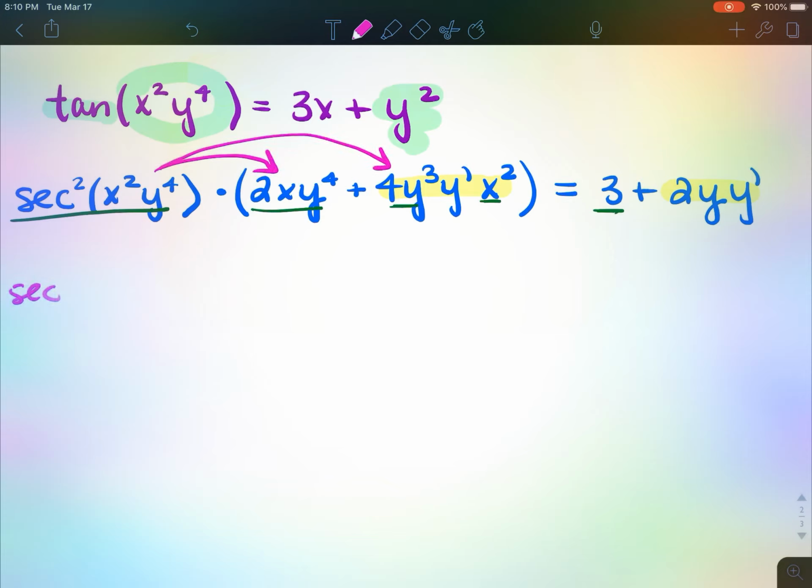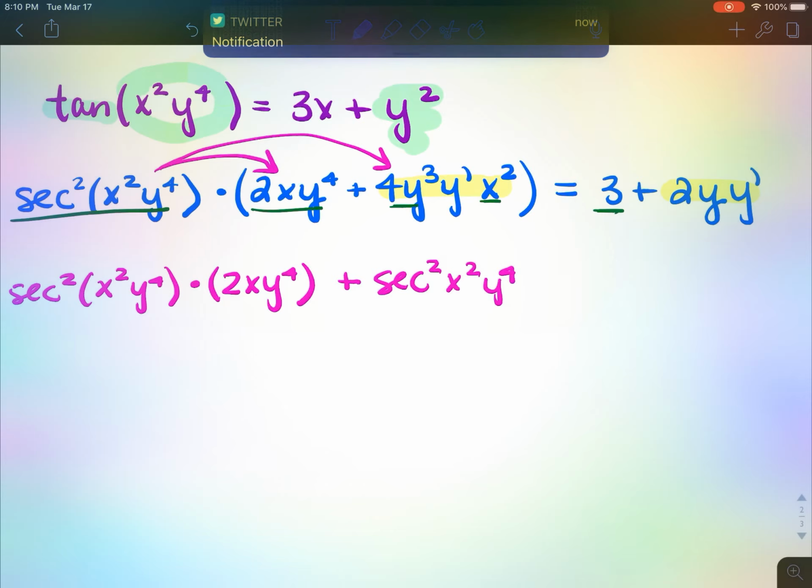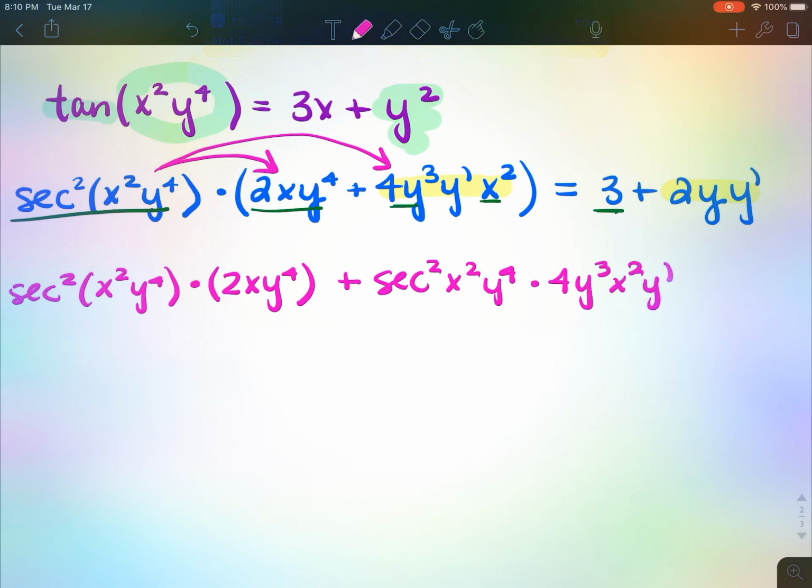So you would have secant squared of x squared y to the fourth times 2x y to the fourth, and just leave it like that, plus secant squared x squared y to the fourth times 4y cubed x squared y prime equaling 3 plus 2y y prime.